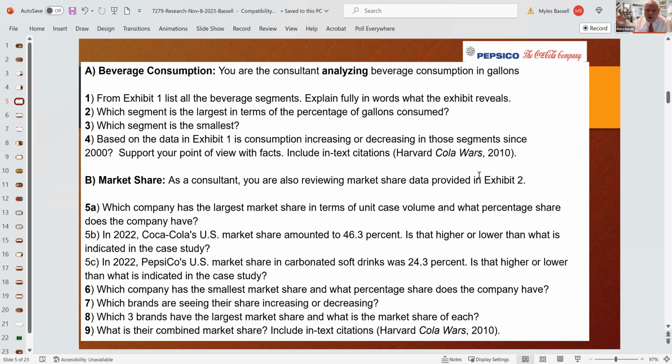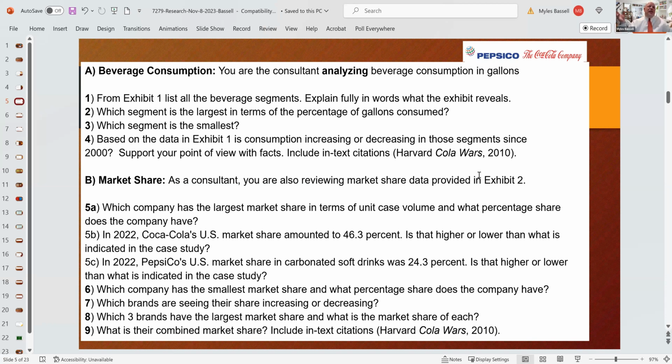Which has the largest market share? And what 3 brands have the largest market share? The reason I asked that, and why I asked what their combined market share is, is because I want you to think about the level of concentration.